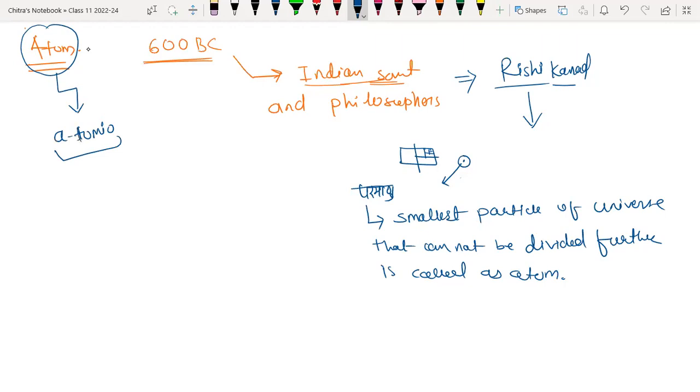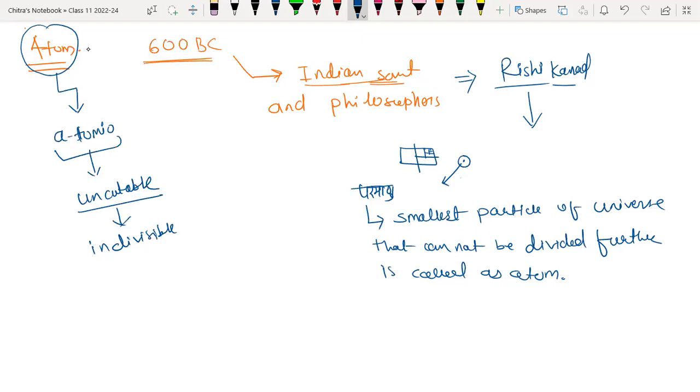Atomio means indivisible or uncuttable, which cannot be divided further, right?